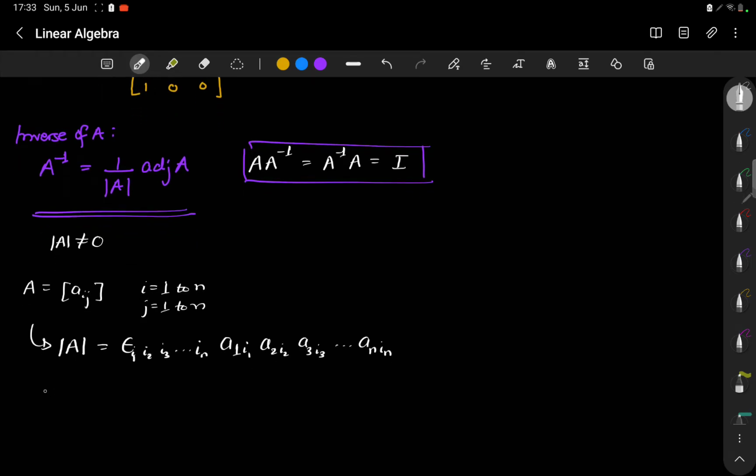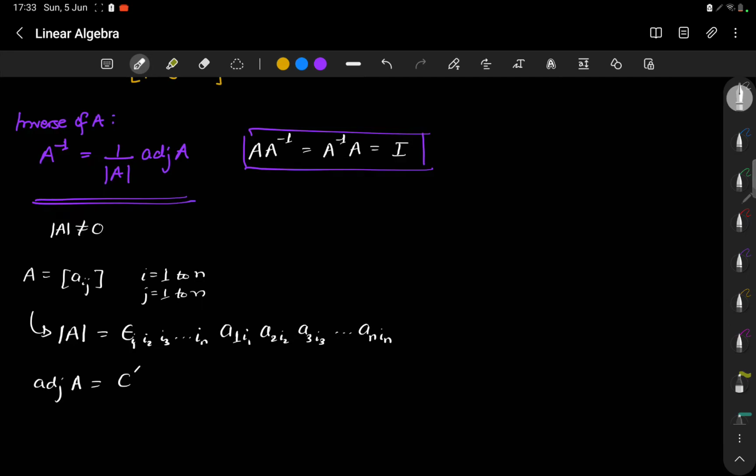Now the adjoint of A is the transpose of the cofactor matrix. C is the cofactor matrix, and the cofactor matrix in turn is written as follows.